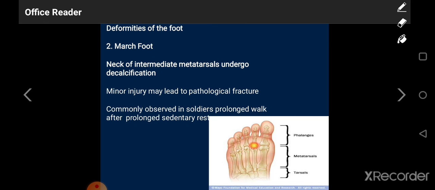Now another deformity is march foot. Here the neck of the intermediate metatarsal undergoes decalcification. It is a minor injury that may lead to pathological fracture, commonly observed in soldiers who have a prolonged walk after prolonged sedentary rest.